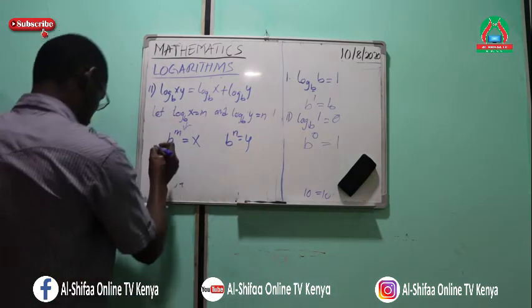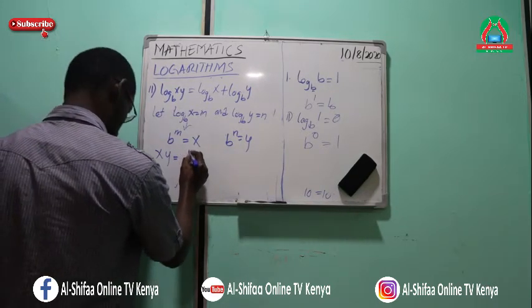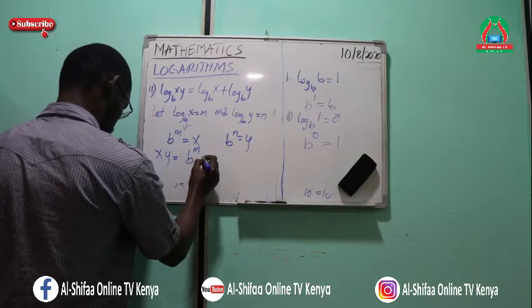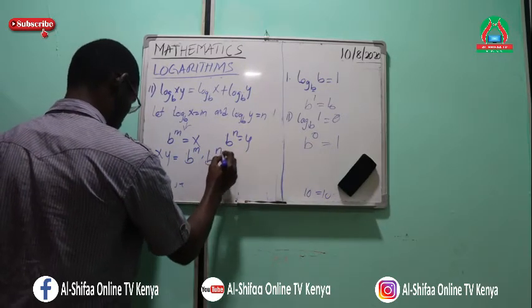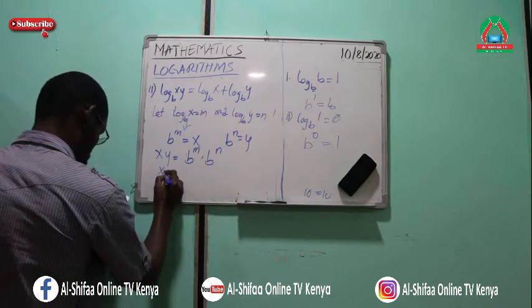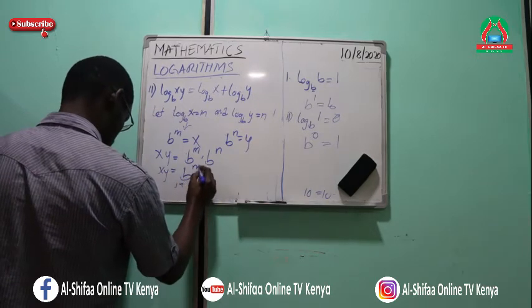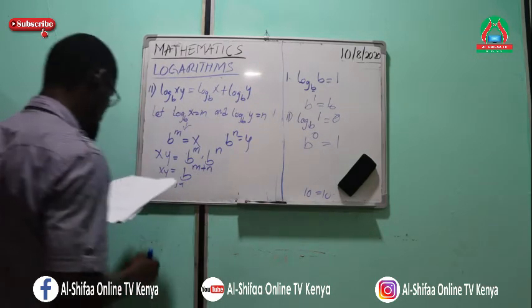So x multiplied by y is equal to b power m multiplied by b power n, which is b power m plus n.